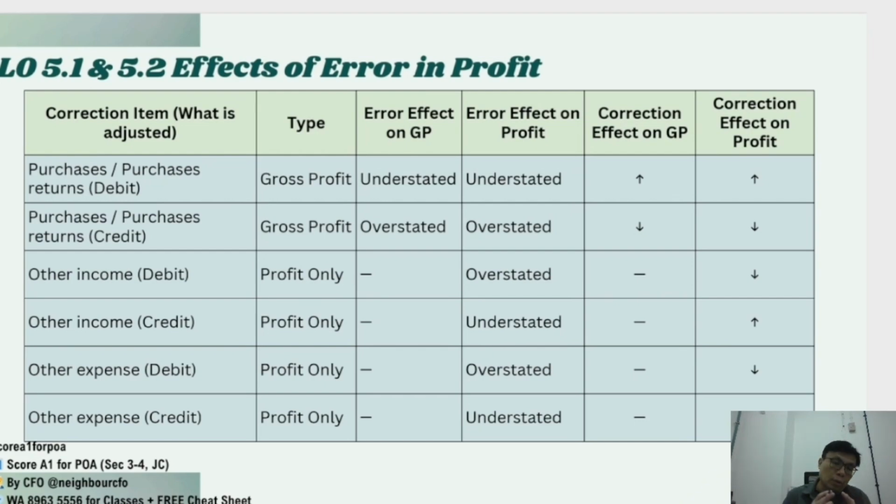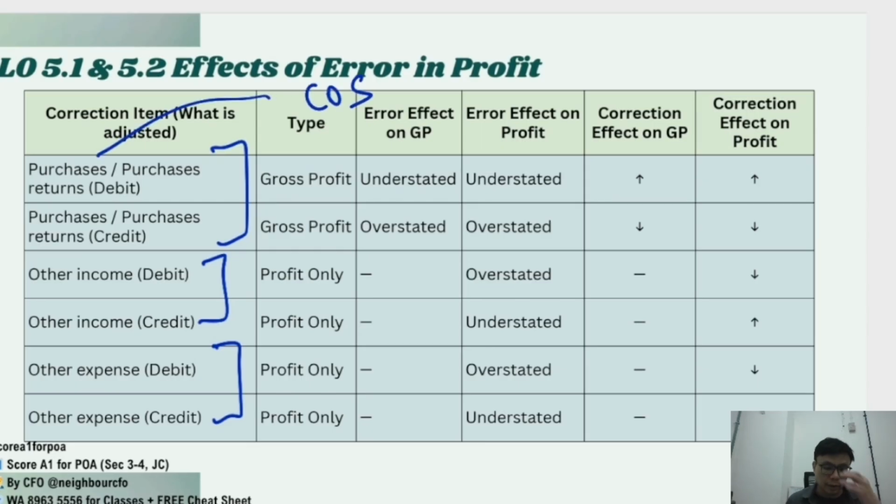So now let us come back to this main slide. As per the earlier illustration, you can see that we have covered other income and other expenses. We also touched base on purchases, of which purchases form the main bulk of the cost of sales. And in this instance, we also mention purchase return, right?